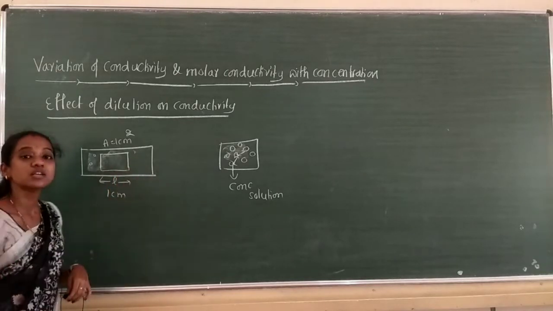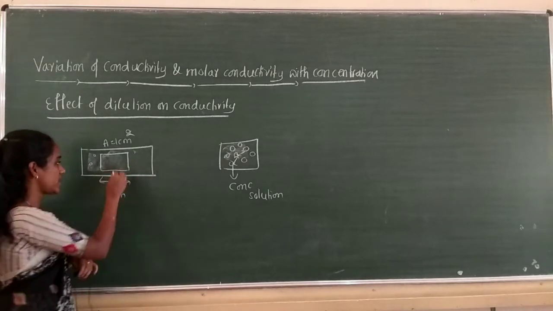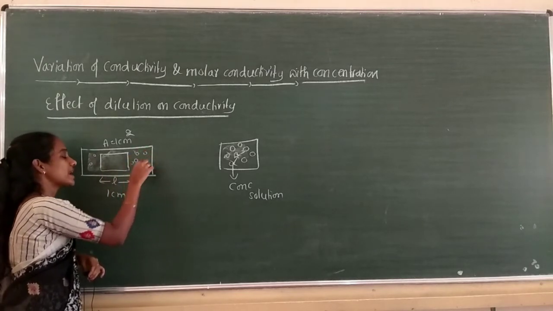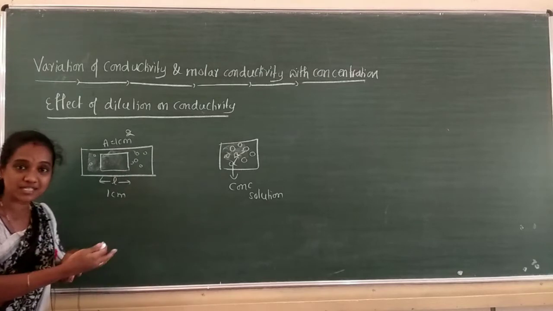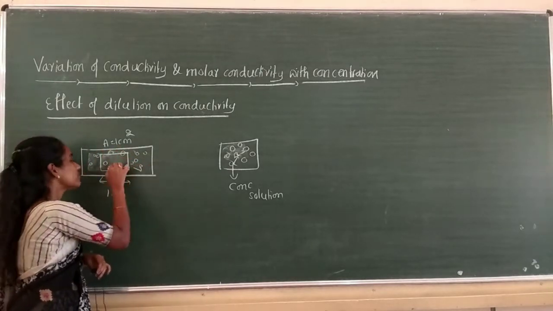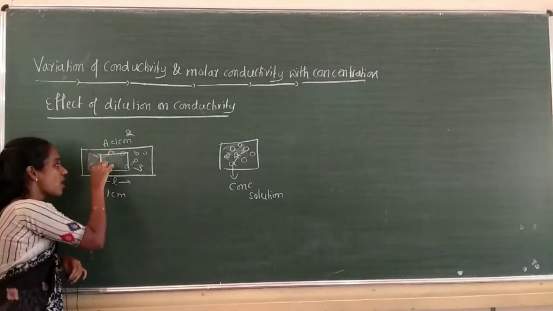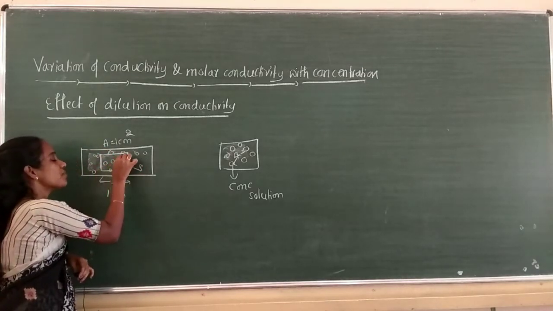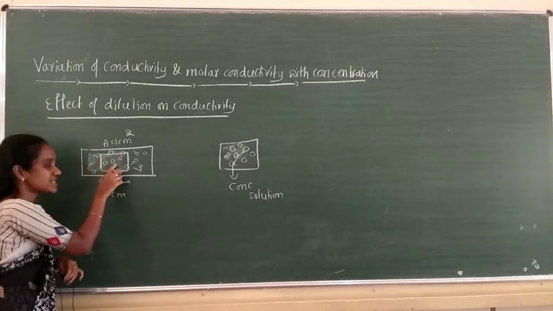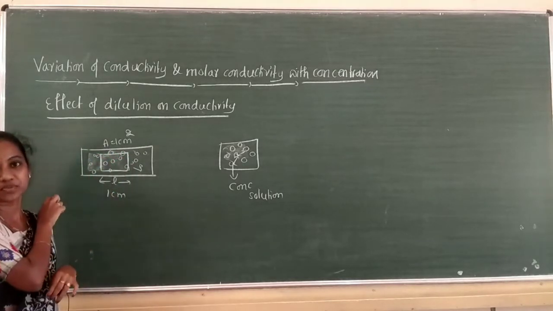In other words, the solution gets diluted. That means the force of interaction between the ions decreases. As a result, these ions move far away from one another. So now in this region, the number of ions present per unit volume decreases.